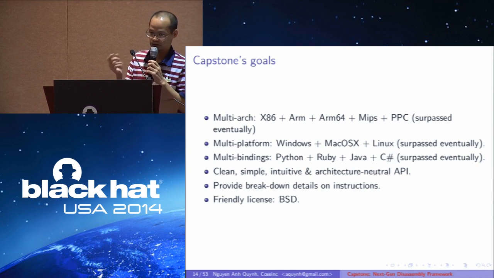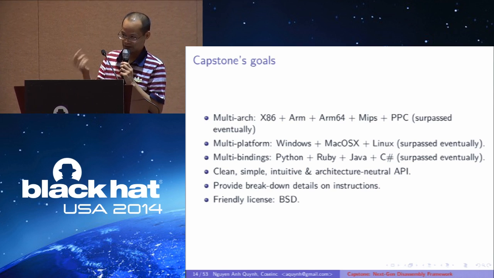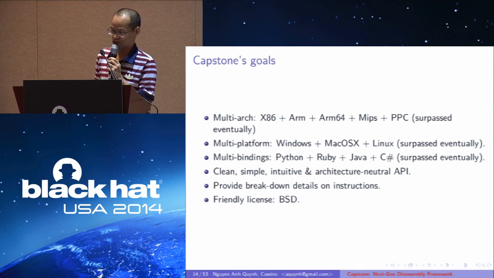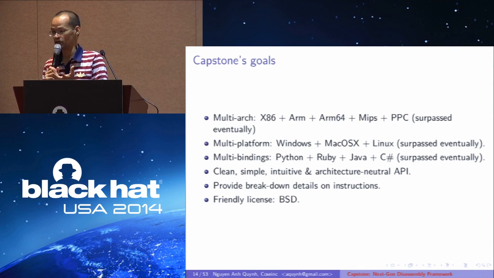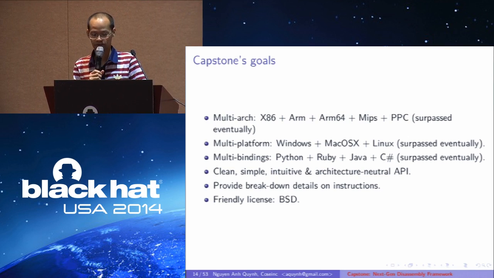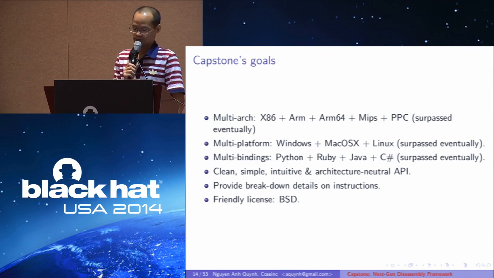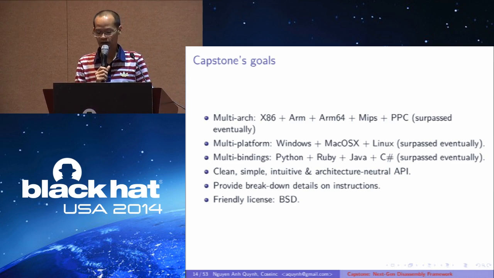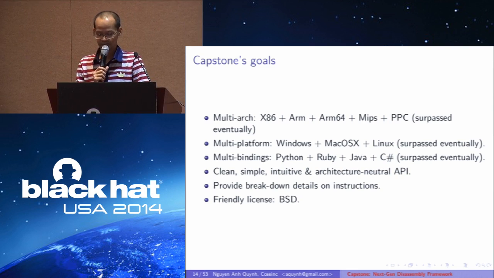First one, I want multi-arch. So I wanted x86 and ARM, but I wanted more than that because the other architectures are also very popular, like ARM64, which will become very popular in the very near future. And also Mips and PowerPC because those architectures are very popular. I want multi-platform. I want Windows, I want Mac, and I want Linux. For bindings, I want Ruby, Python, Java, and C#.